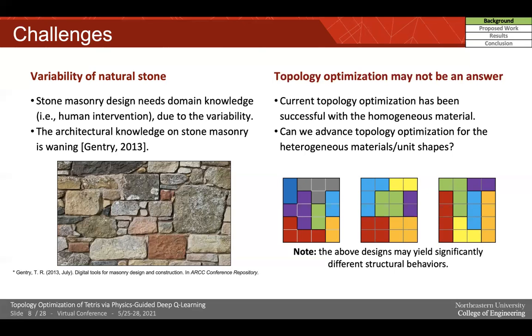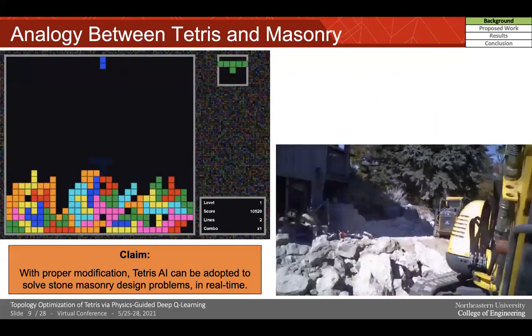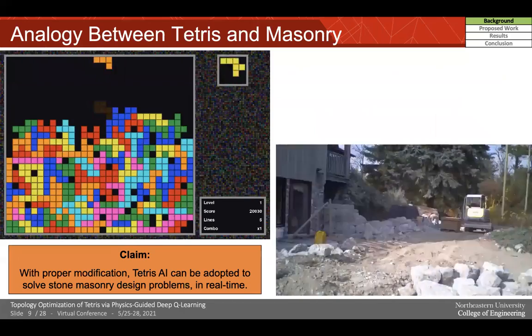In this context, the research question is, can we advance topology optimization for the heterogeneous materials and unit shapes, such as for stone masonry? To address the challenges, we focus on the analogy between Tetris and stone masonry.